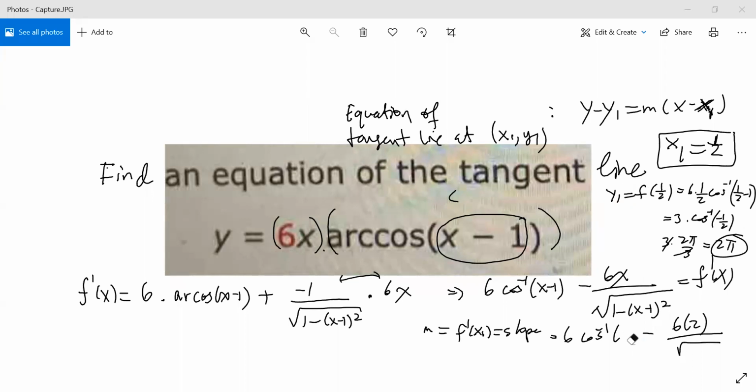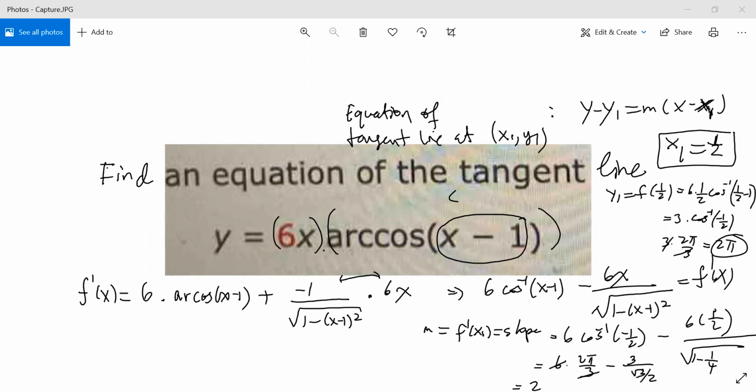And then I'm going to compute the slope again. Let me just plug 1/2 there. So this will be 6 times cosine inverse of negative 1/2 again, minus 6 times 1/2 over square root of 1 minus 1/2 squared, and this will be 1/4. So then you'll get 6 times 2 pi over 3 again, minus 3 over square root of 3 divided by 2, which you can simplify.